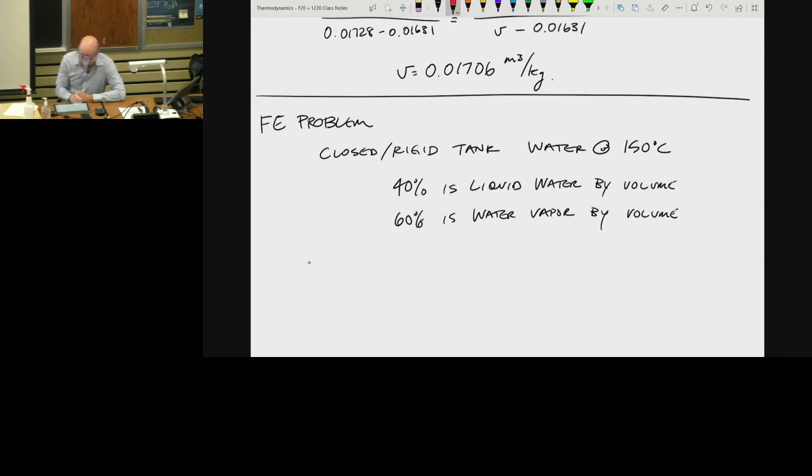The question that they want to ask you here is, what is the quality? What is the quality?